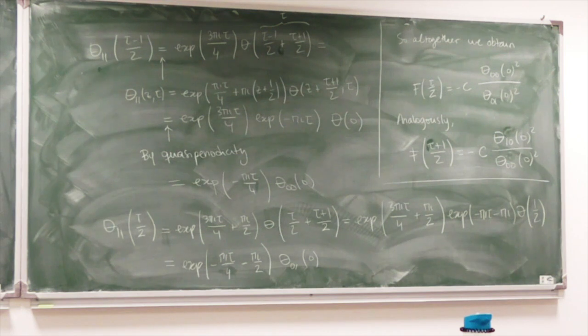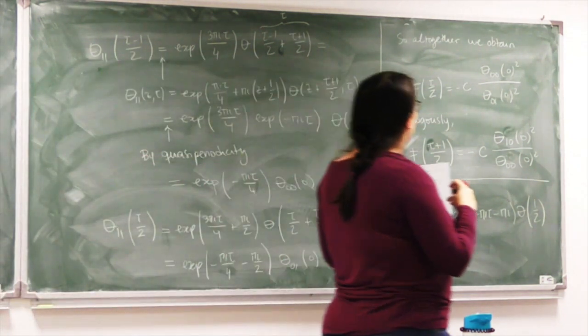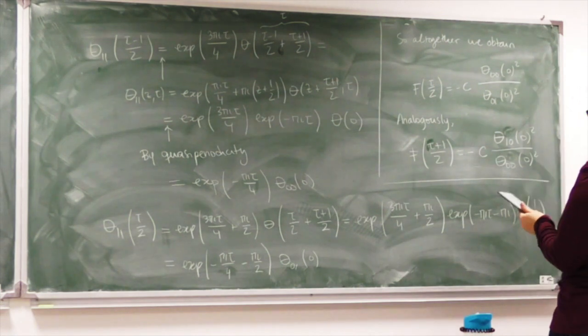So finally, we obtain that lambda of lattice Lambda, it's just theta 1, 0 to the 4th, sorry, 0, 1. Theta 0, 1, 0 to the 4th. Sorry, there's typos everywhere. Okay. Oh no, actually this is correct.